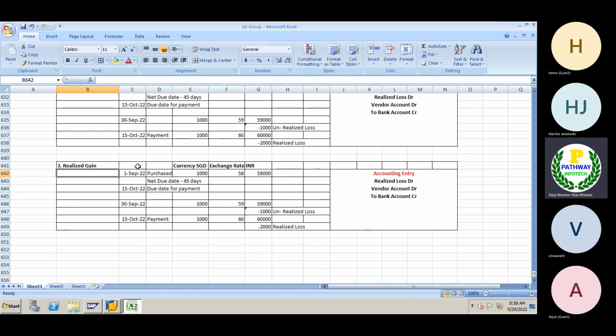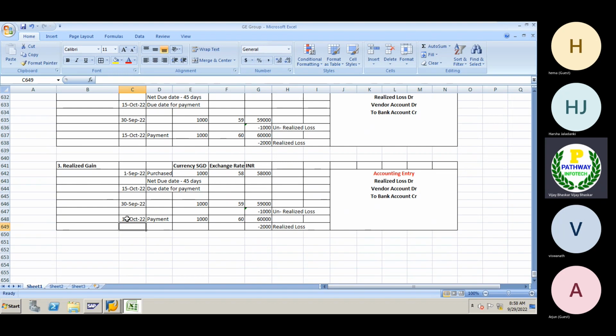Let us assume, let us take the same example. On 1st of September we made the purchases, and the due date for the payment is the 15th of October.